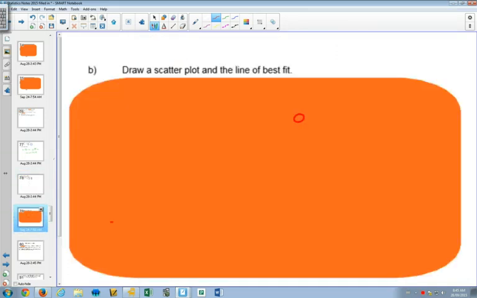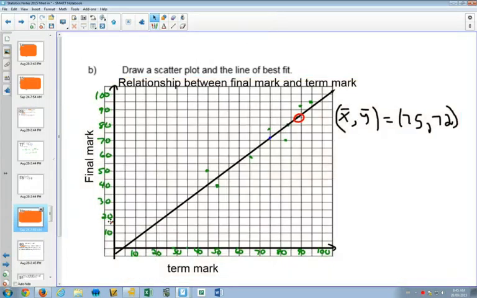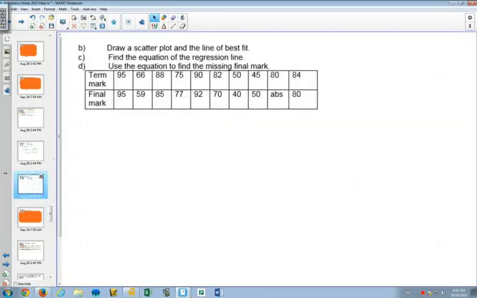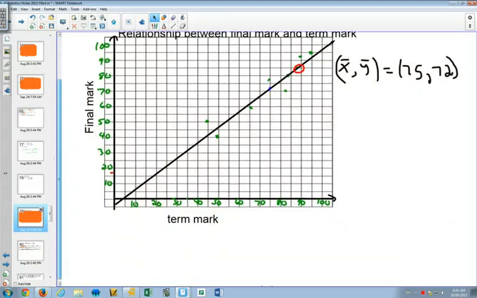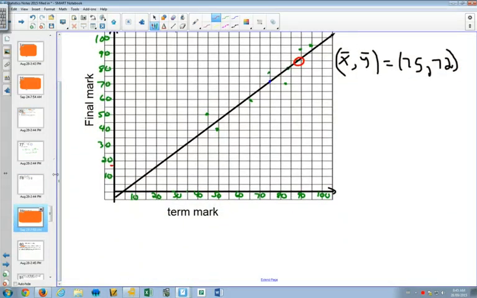Let's see. Looks like 88, 85. Is that one of the points? Yes, 88, 85. So this point right here was 88, 85. So using that point and using my mean point, I can calculate my slope.